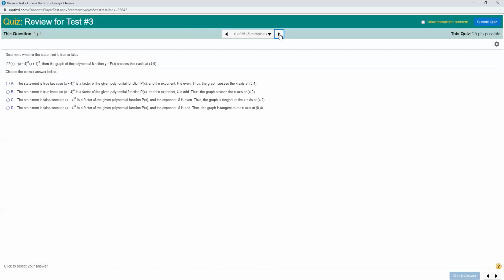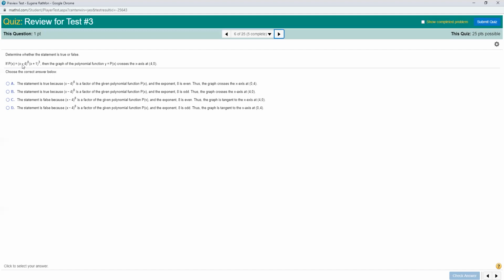All right, so this was sort of a true or false. So let's see what they want to know. They're giving me a p of x equals x minus 4 to the 8th, x plus 1 to the 3rd. Then the graph crosses the x-axis at 4, 0. So to get a 0 of 4, it would have had to come from this factor of x minus 4.